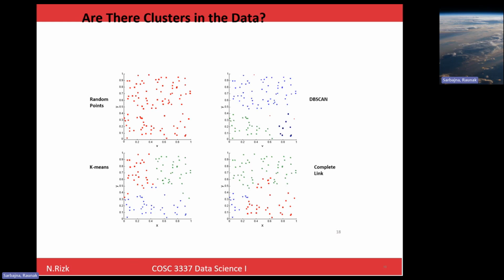DBScan is able to point out that these two are outliers, and that top block is a cluster. Even though DBScan and k-means both have 3 clusters each, the k-means clusters are not very good in this case, and the linked clusters are pretty bad.